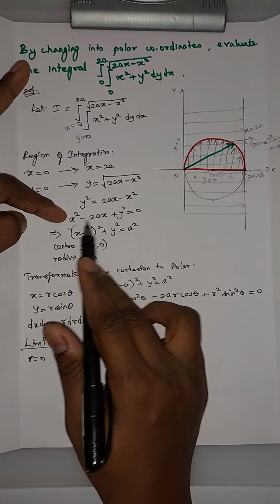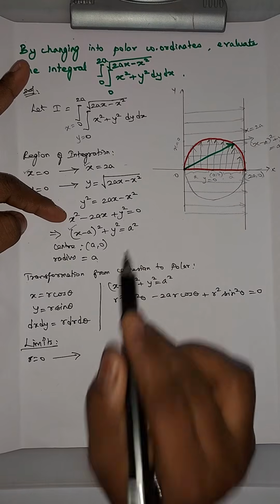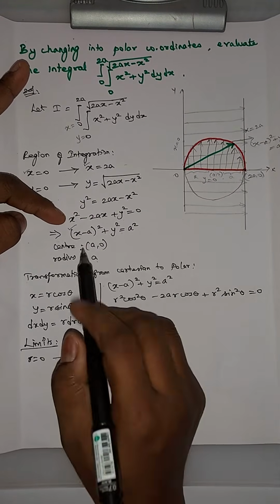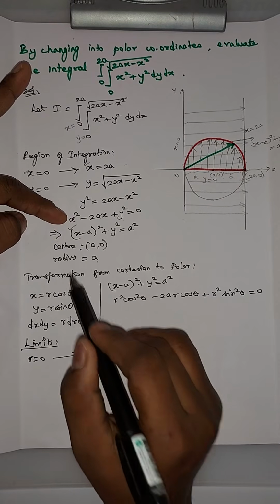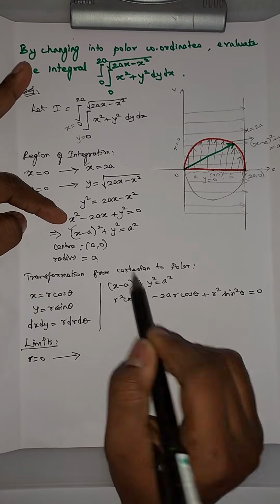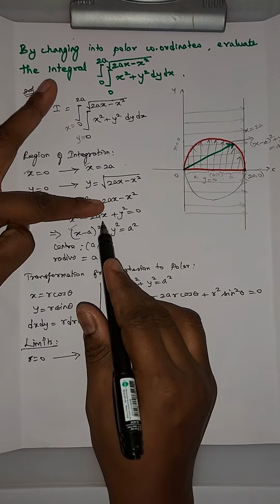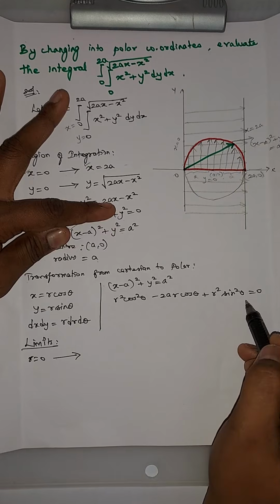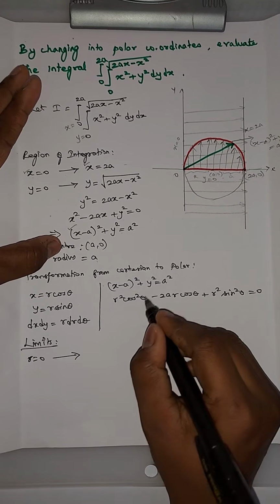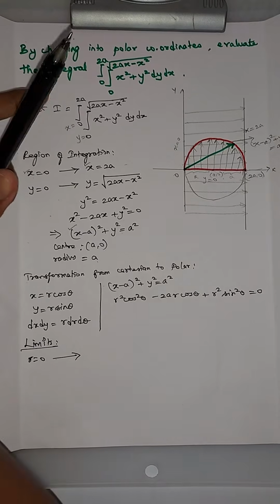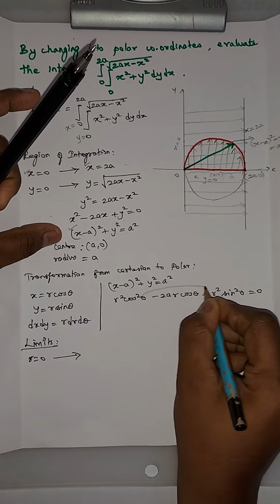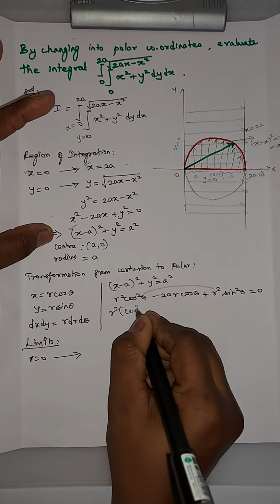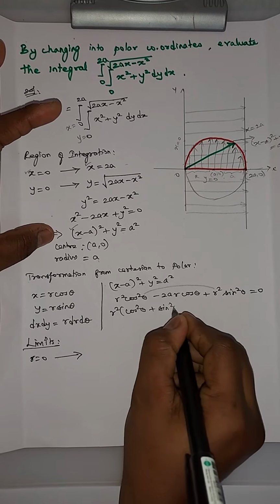Just for simplicity, I have substituted in this equation. So x is equal to r cos theta: r square cos square theta minus 2a r cos theta plus y square, y is equal to r sin theta, so r square sin square theta. Now combining these two becomes r square inside cos square theta plus sin square theta.